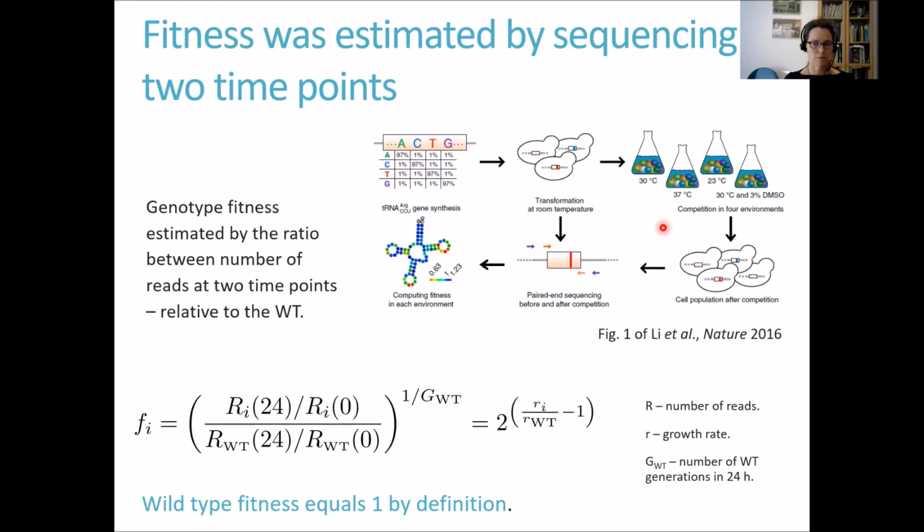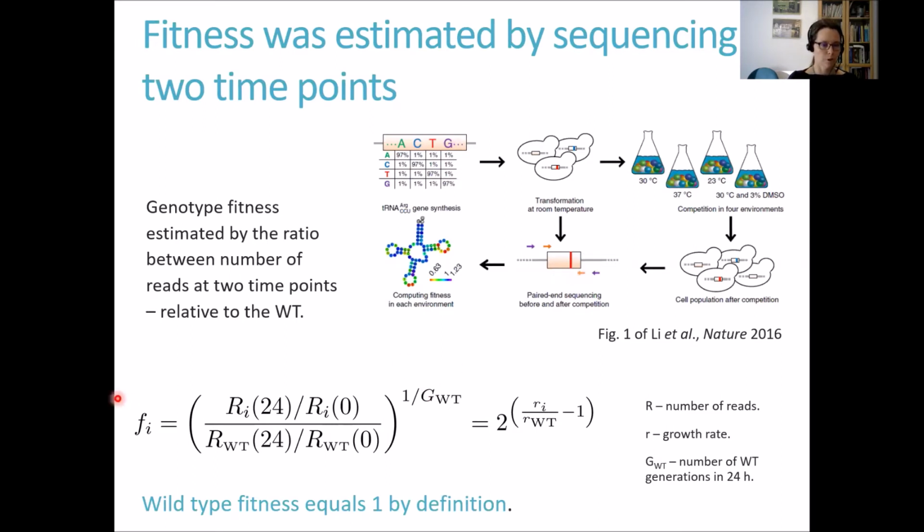In the sequencing, the gene variant also served as a barcode, as an identifier. Sequencing was used to quantify how many copies of each genetic variant there are at the beginning and at the end of the experiment. And then fitness was calculated based on this number of copies.